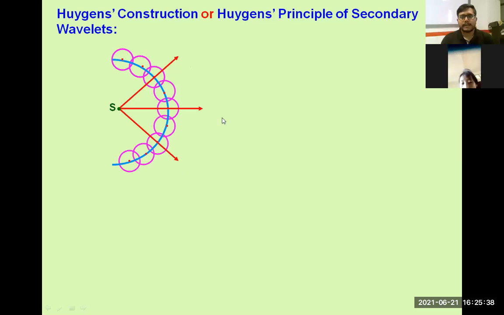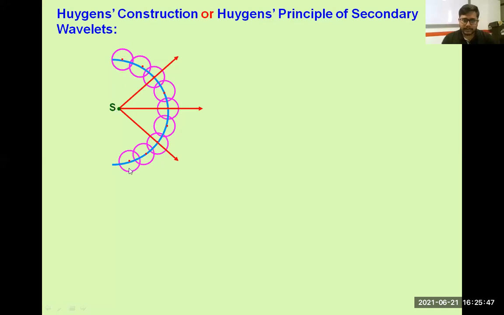So you can see that one source of light is producing dot-dot type of secondary wavelets, and these secondary wavelets again form the initial wavefront, because we know that a point source will emit spherical wavelets.